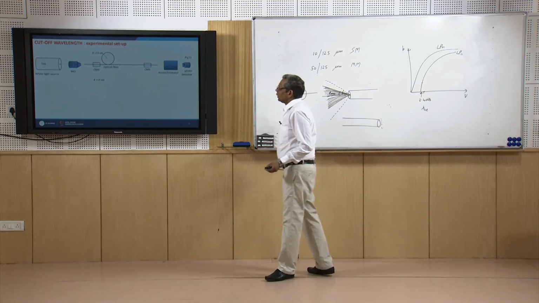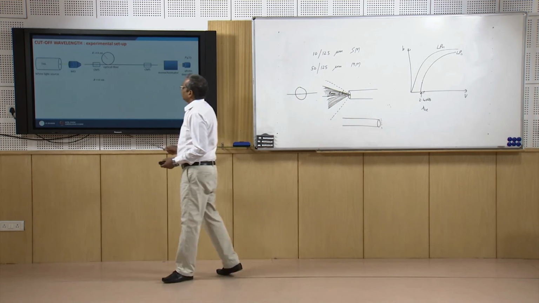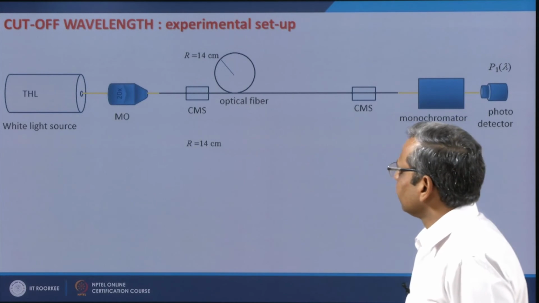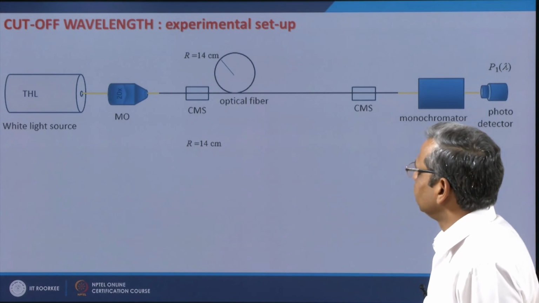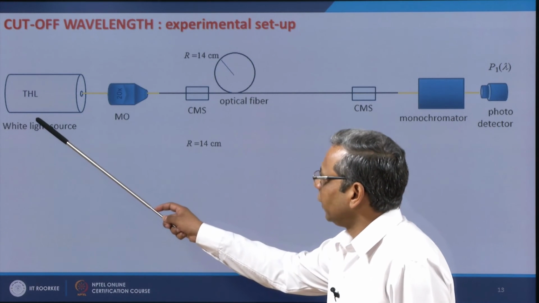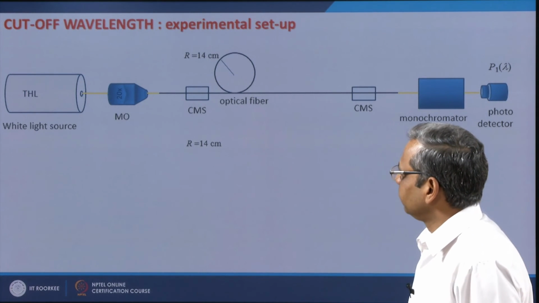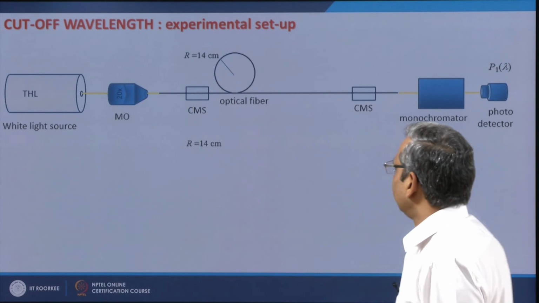So, how do we now find out the cutoff wavelength? I make an experiment like this. I launch light into the single mode fiber using a white light source, which is a tungsten halogen lamp again, using a microscope objective.